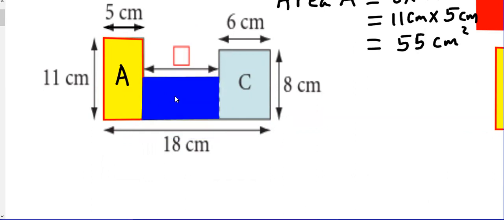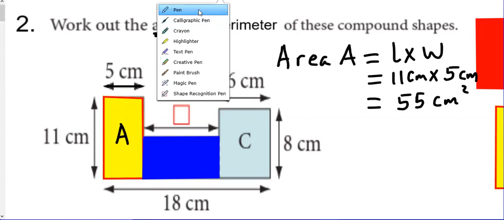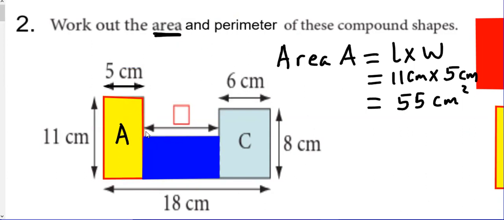It is purely a rectangle, but we don't know how much the length is. The length is unknown. The length is from here until here, the length of this blue area.